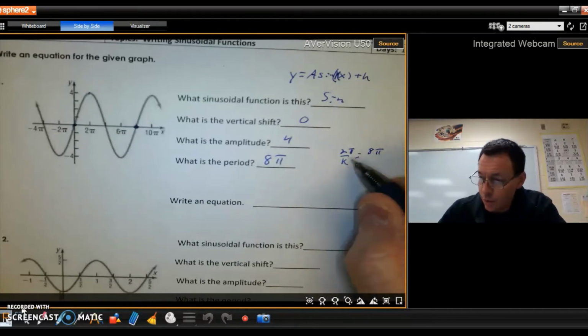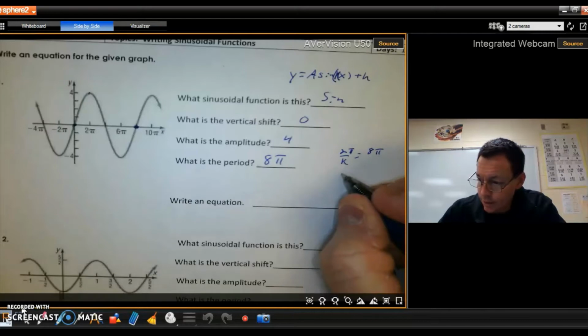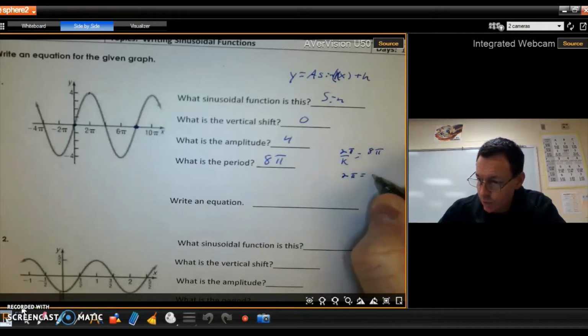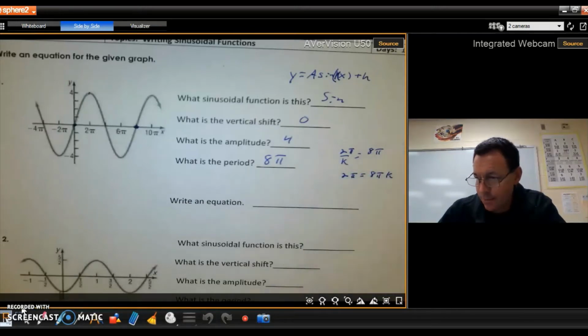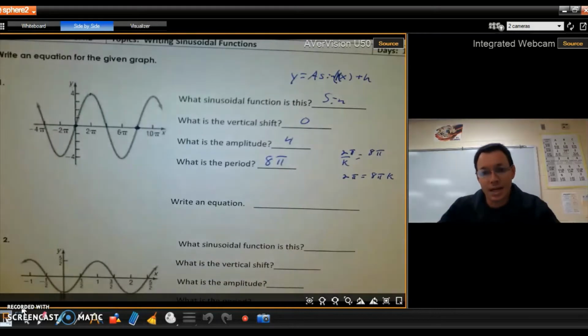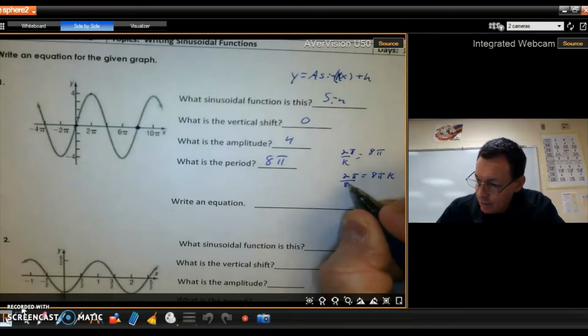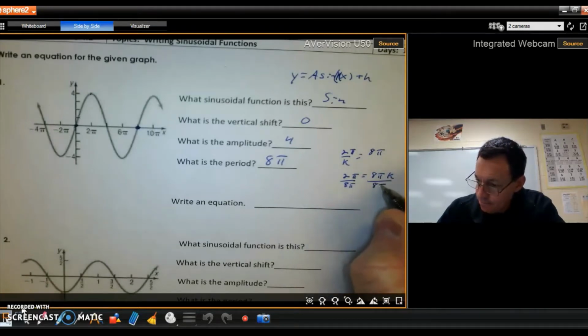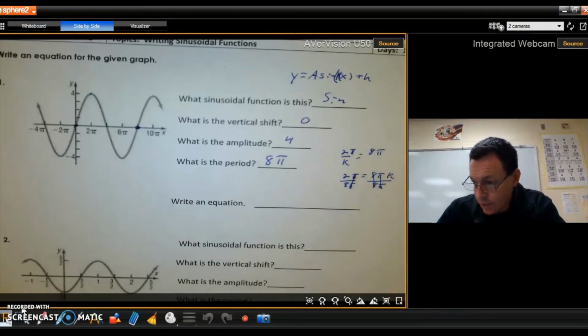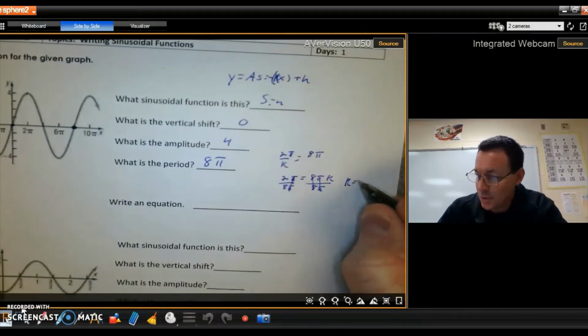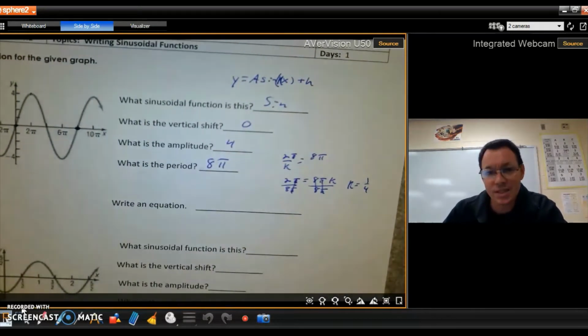I'm going to cross multiply and move the k over here, so 2 pi equals 8 pi k. Then I divide everything by 8 pi, this cancels, and it leaves me with 1/4. So k equals 1/4. That's the k value.